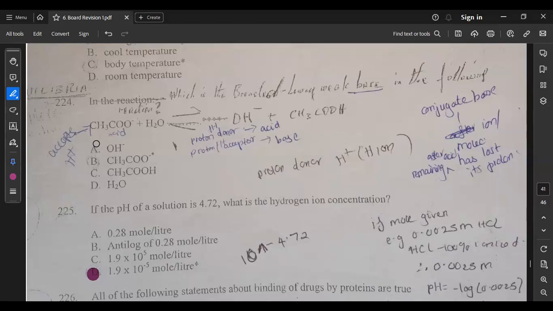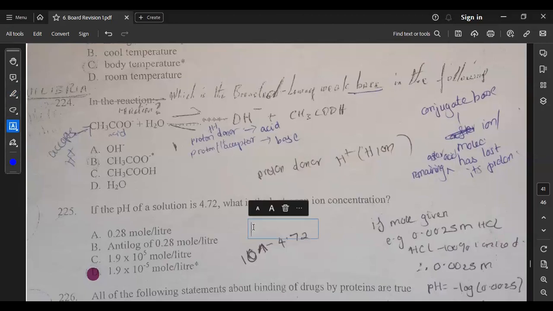Sunshine, could you explain to us how you arrive at D? The pH is the negative log of the concentration of hydrogen ions. So if you do the anti-log of negative 4.72, that's what you end up with.